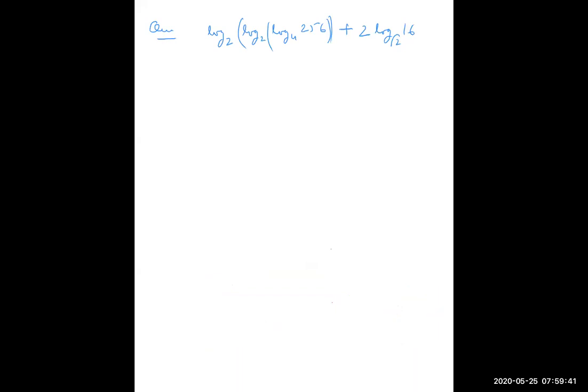So in this part, first I will solve the inner part. So this is log 2 of log 4 of 256.